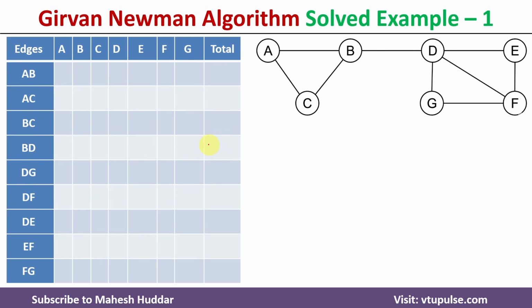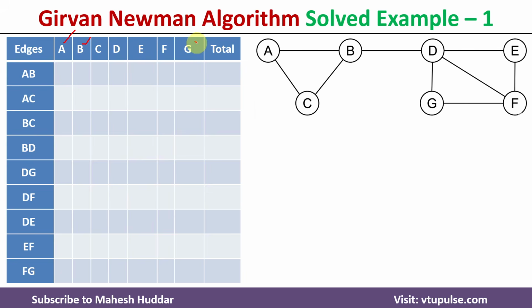Once you find the edge betweenness score for all the edges, next we need to create the edge betweenness centrality score table. Here rows are nothing but edges and columns are nothing but nodes. So as per the graphs, in the first graph we have taken the node A as a root. Next we take the node B as a root.